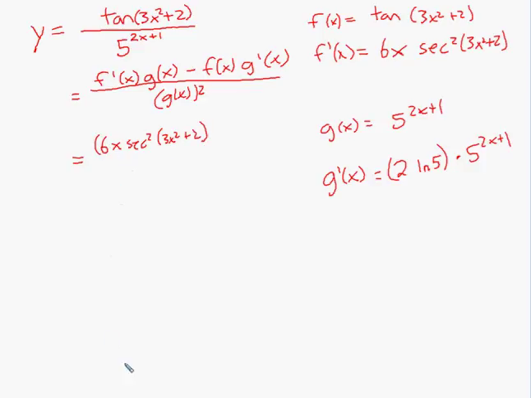Now I want to be very careful here, that I make it clear that this 3x squared plus 2 is the argument of secant squared, and g of x is being multiplied by it, or not by this. So it really looks like a mess here. It is a mess. Okay, I'm going to put those down here so they're out of the way, because this is going to get really large.